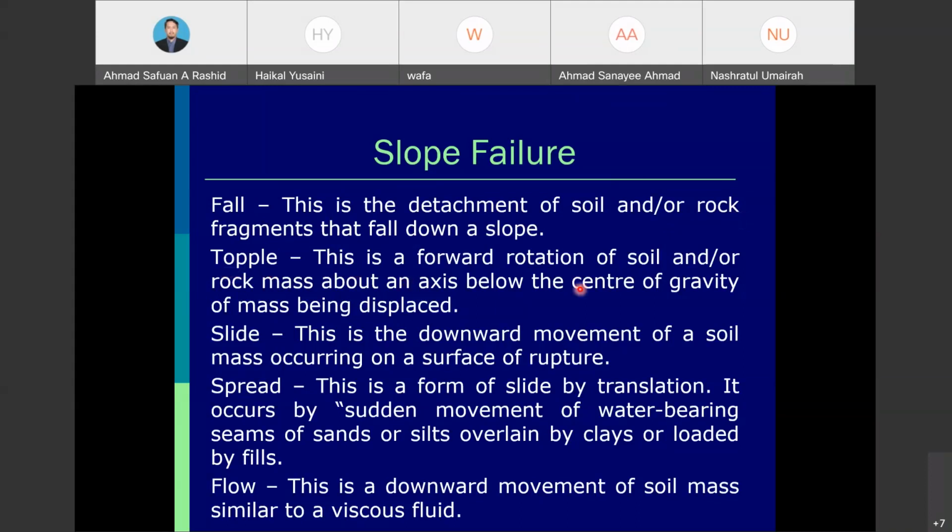So topple is a forward rotation of a soil and or rock mass about an axis below the center of gravity of the mass being displaced.